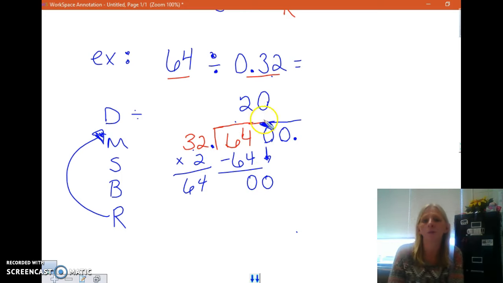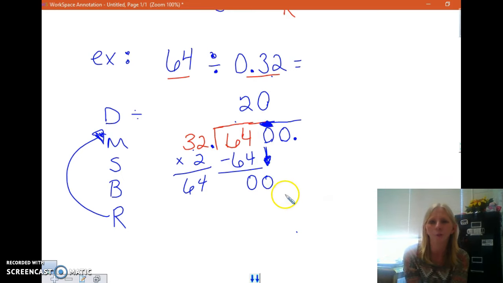We have to put a number up there in order to fill it in because we brought down that 0. Okay? To hold its place value, we have to fill in that 0. Just like we do when we multiply, we have to add zeros to hold the place value. Here, we add zeros to hold the place value in this case. Okay? We get 0 when we multiply 0 times 32, and we subtract and we get 0.